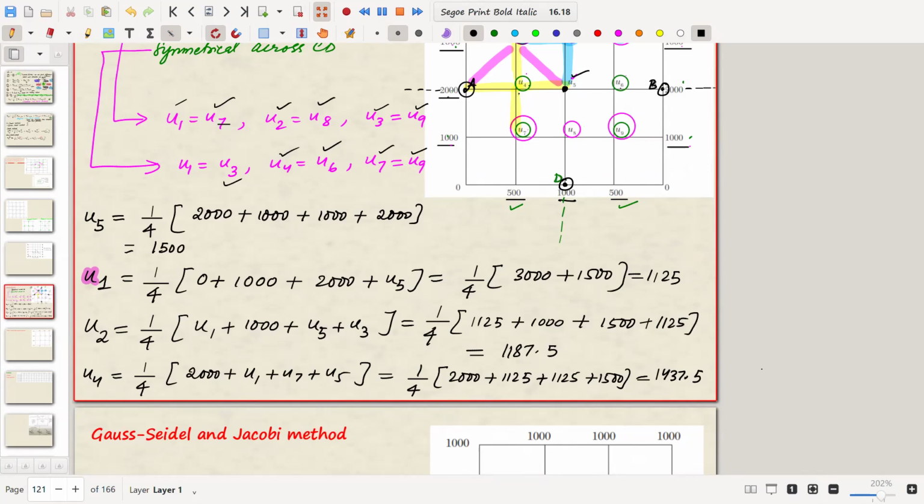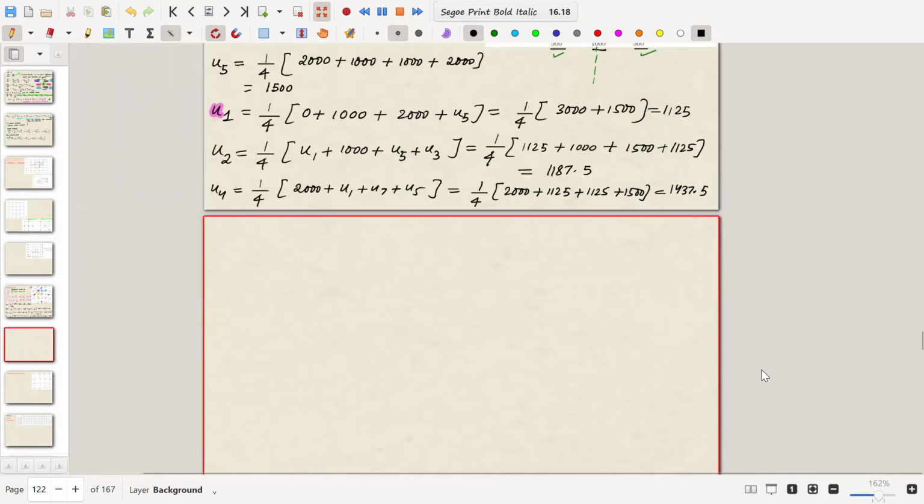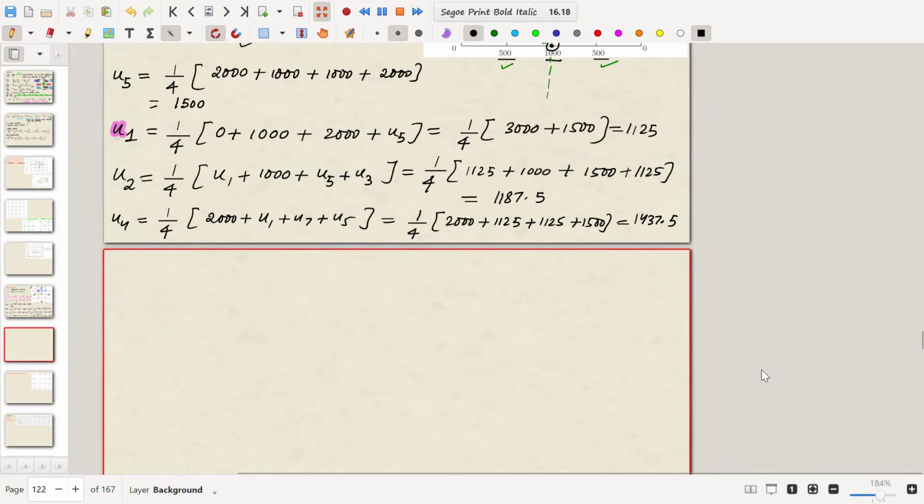Let us use the Jacobi method. We will use the Jacobi method now. Later we can use Gauss-Seidel. Now these are all the initial guesses you have. Maybe I will start with U1.